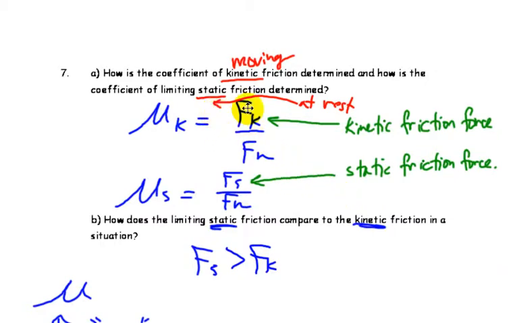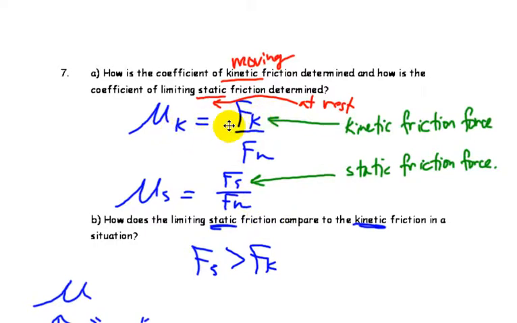How are the coefficients of kinetic and static friction determined? Just like I mentioned before, no matter what the coefficient is, whether it's kinetic or static, it's calculated the same way: friction over normal force. It's just that here you have to be more specific. If it's the coefficient of kinetic friction, you use the kinetic friction force. If it's the coefficient of static friction, you use the force of static friction.